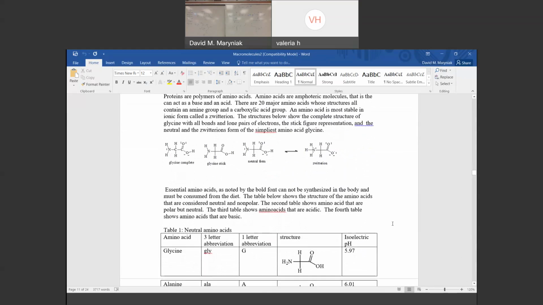Amino acids, and as the name suggests, amino acids have an amine group and an acid. And there's 20 amino acids, and by convention, always draw your amino group on the left and your carboxylic acid on the right, and have them separated by a C, an H, and an R.